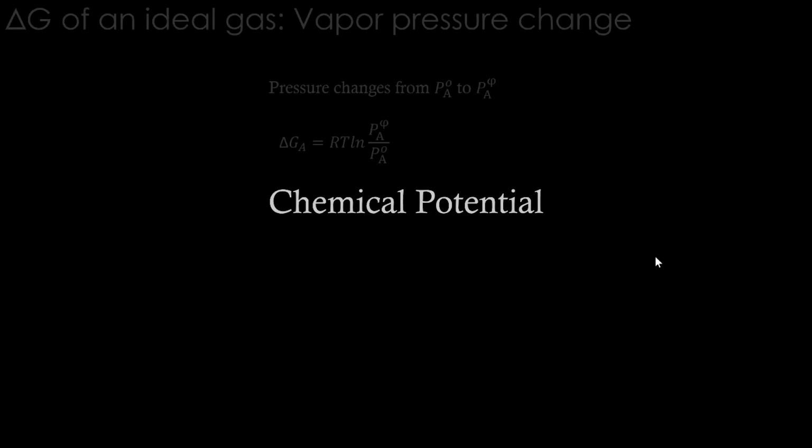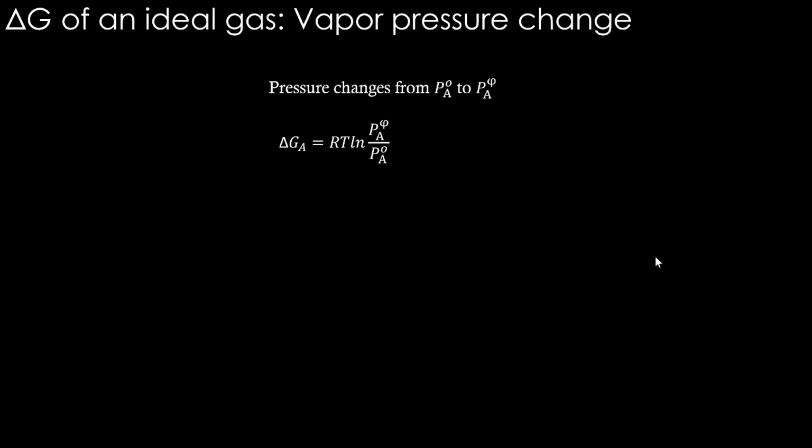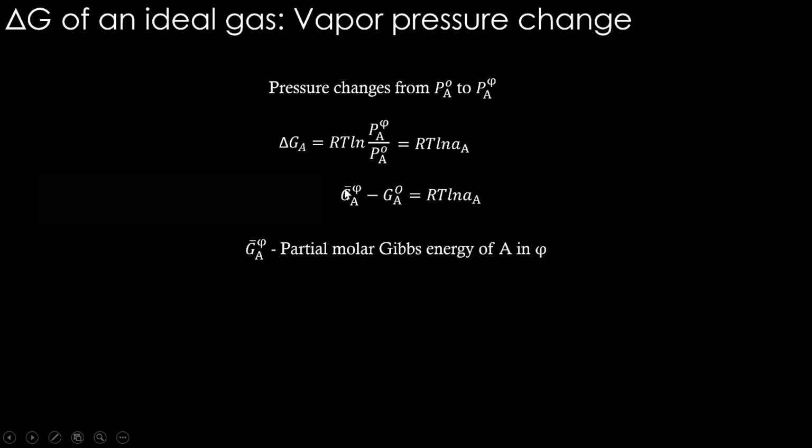Now through the same lens of vapor pressure, we will understand chemical potential. This equation we have derived just now, delta G of pure A is RT natural log of Pa phi by Pa standard. This is nothing but RT natural log of activity of A, right? So this ratio is the activity of A. Now this delta Ga we can write as G final minus G initial, Ga bar. We have seen this previously. So this is for only A in the solution, the partial Gibbs energy.